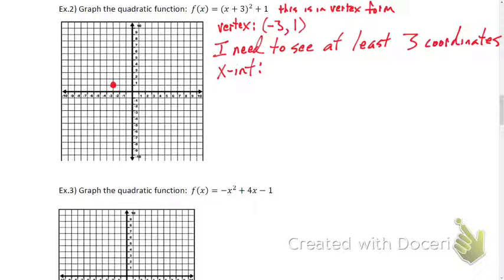See how we have a positive on the front right here? Let me change colors. There's not a negative there. So that means this thing does something like this. It opens up. It's not exactly like that. We're going to be more precise, but it opens up. That means it never crosses the x-axis. That means they are imaginary.